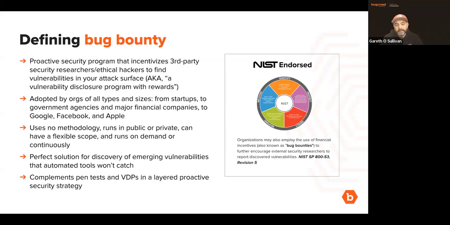If you want something tested for a few weeks, push it into the program. When you're happy that it's been tested, you can pull it out and put other stuff in. And in fact, we encourage that. It's usually good to make changes to scope and rewards and so on in order to maintain healthy traction on the program. They can be run on a continuous basis, so always on, or on demand. So we can make them time bound as well.